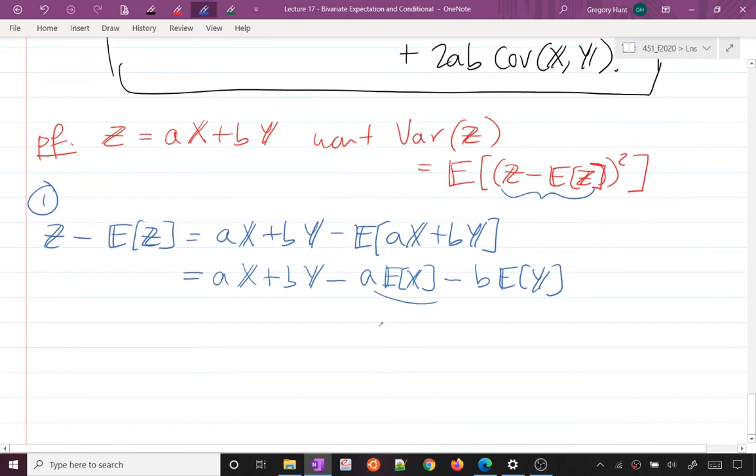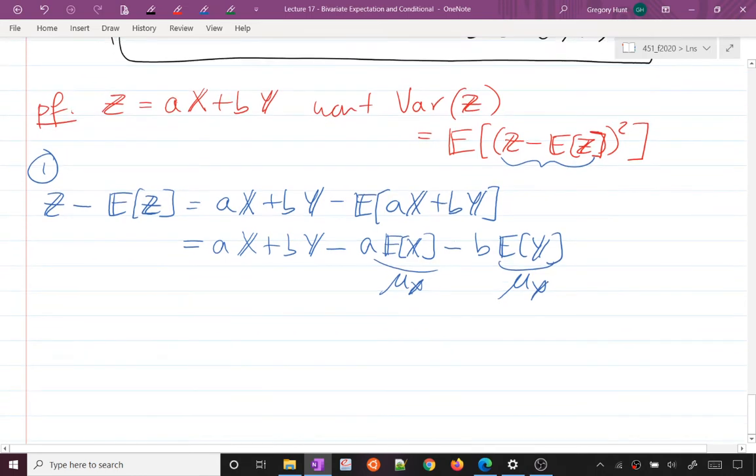And I'm just going to call this mu x and mu y, just so I don't have to write expected value a bunch of times. I could rearrange this as a times x minus its mean plus b times y minus its mean. And that's just an algebraic manipulation here.